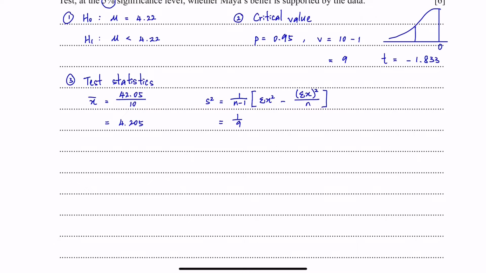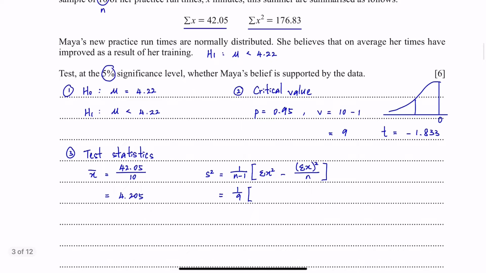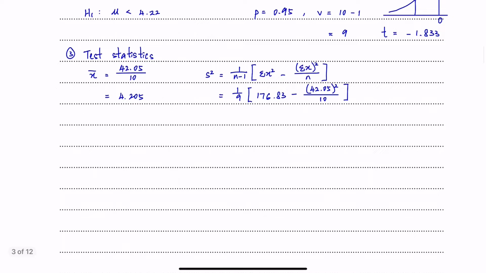We have 1 over 9 times the sum of x squared, 176.83, minus 42.05 squared over 10. So now we have 13 over 12,000.